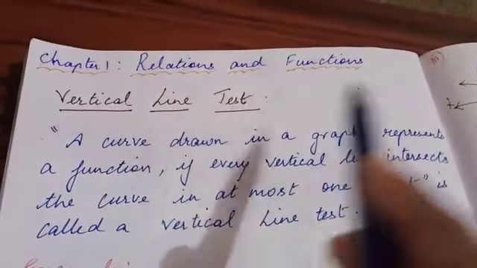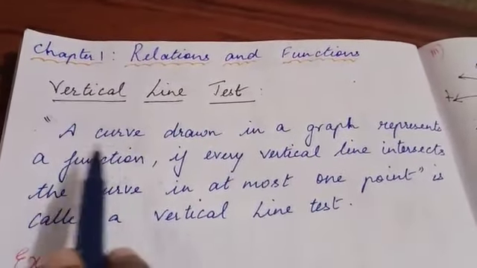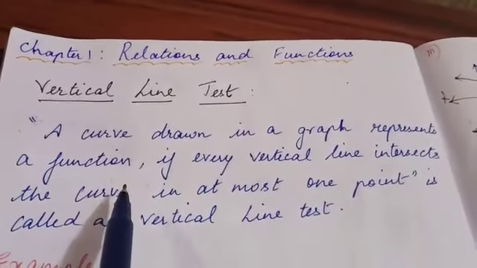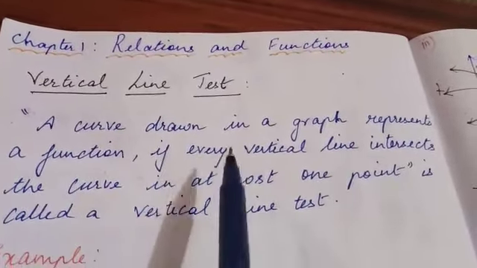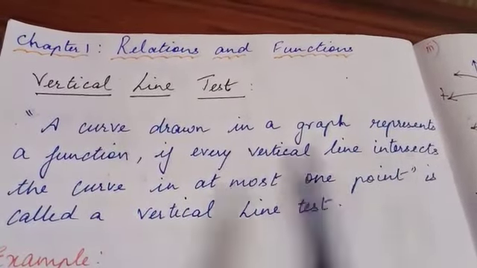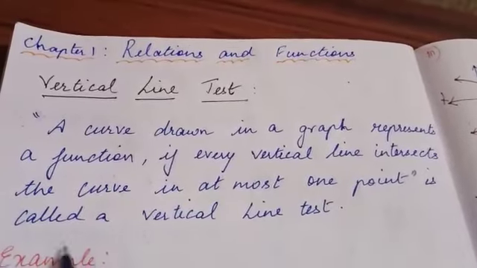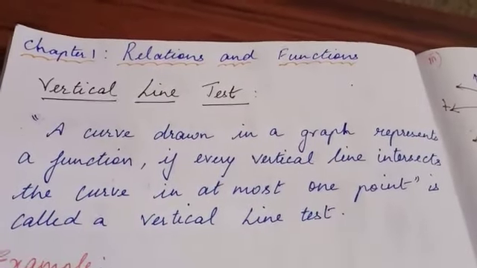So, what is a vertical line test? A curve drawn in a graph represents a function if every vertical line intersects the curve in at most one point. This is called a vertical line test.